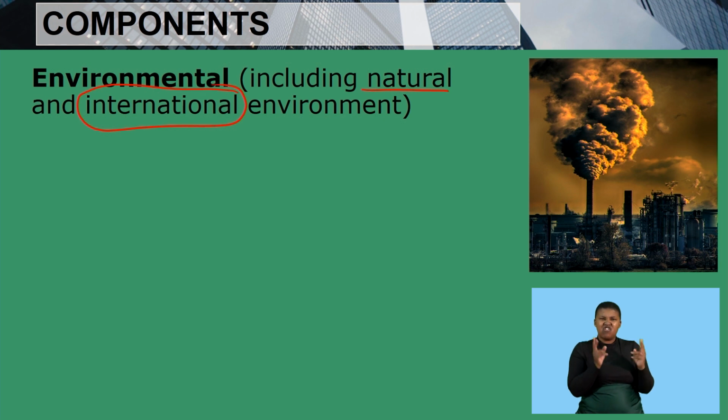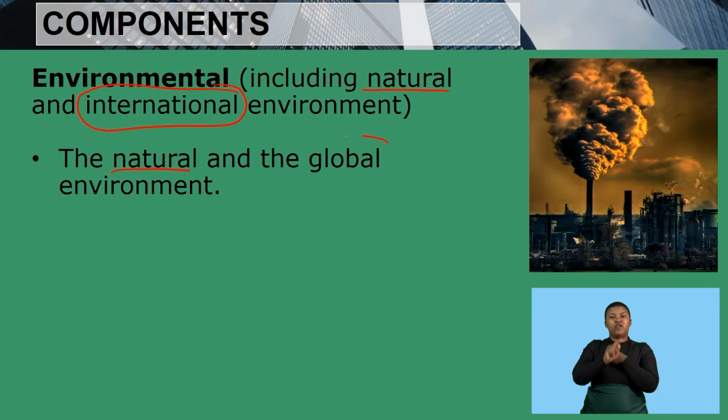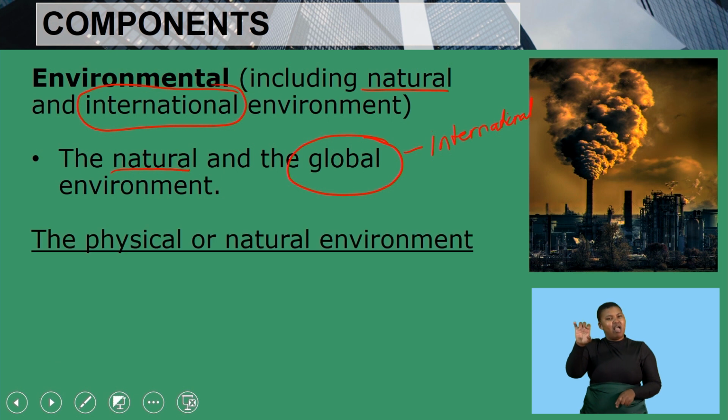And international, of course, is everything that happens outside of South Africa that has an influence on your business. So this then, as I said, is our natural and our global environment. Now global is only a different word that is used for international. So it will only be a reference to the international environment.